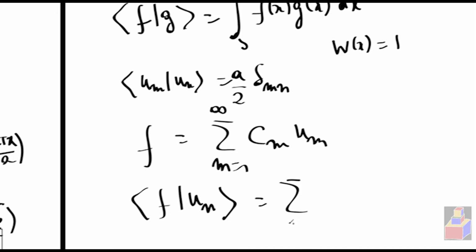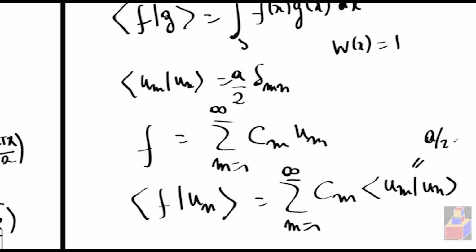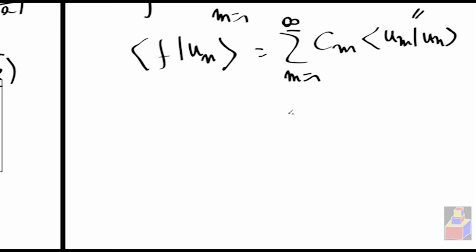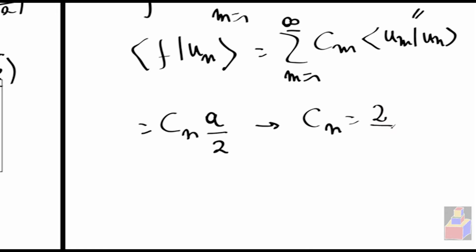Using the linearity property of this function, it's going to be something like this, and this is a over 2 delta mn. So we have a single element in the sum that satisfies this condition. It's going to be Cn a over 2. Then I have the coefficient. I solve the problem.